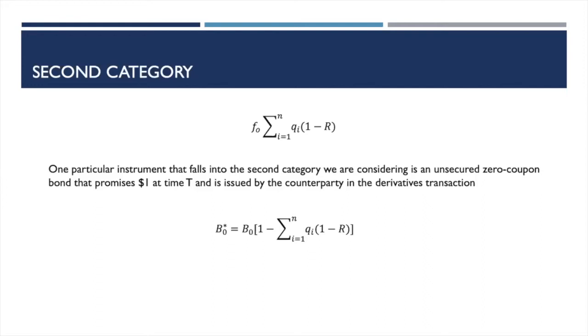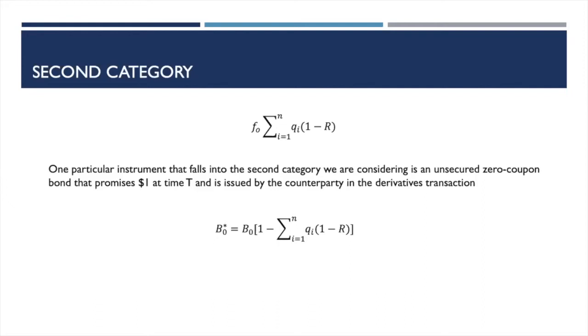That becomes the first expression shown. One particular instrument that falls into the second category we are considering is an unsecured zero coupon bond that promises $1 at time T and is issued by the counterparty in the derivative transaction.